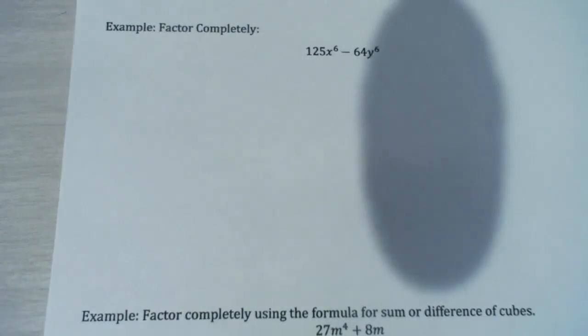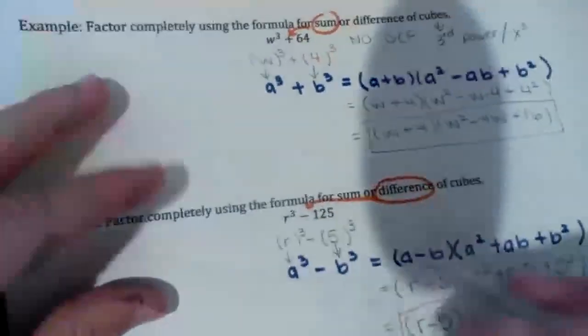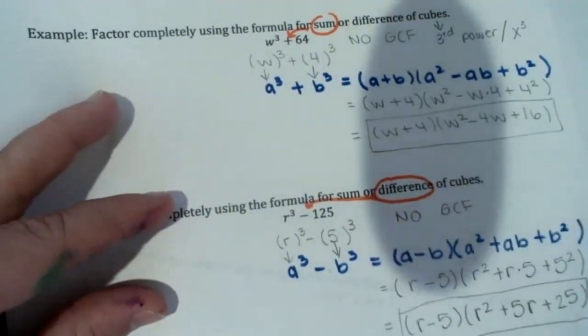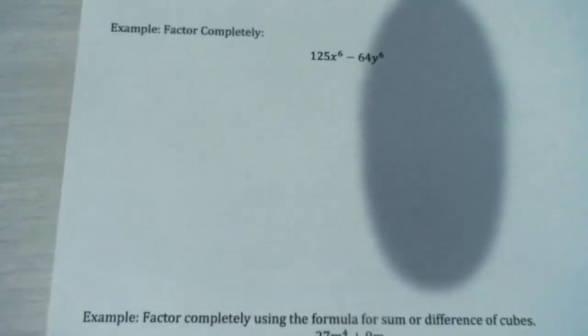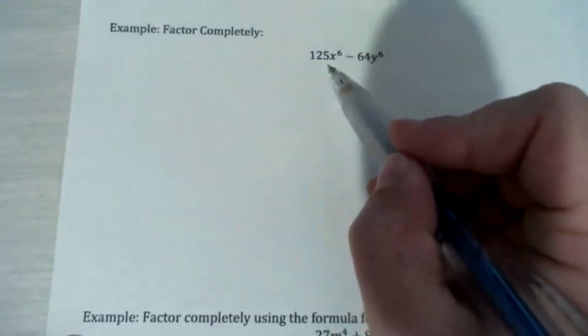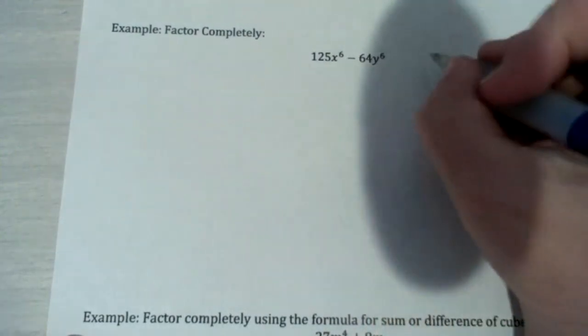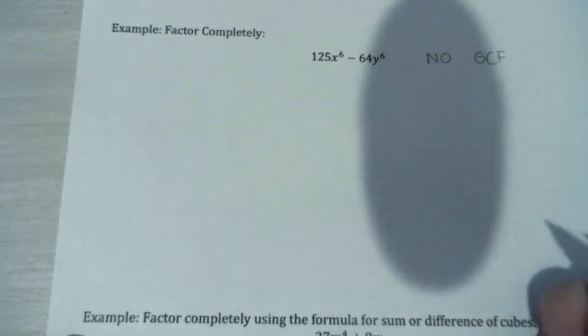I didn't say no GCF on the previous problem, but I understood there was no GCF for r cubed minus 125. My bad, I just wanted to go back and correct myself there. Our first step in factoring, no matter what, is GCF, but there's nothing that 125x to the 6th and negative 64y to the 6th have in common. So no GCF.